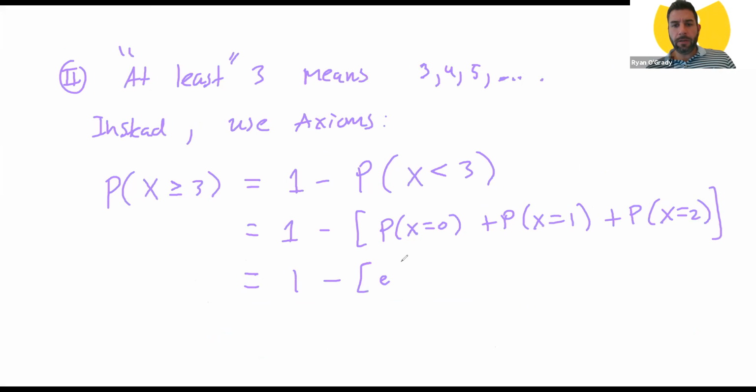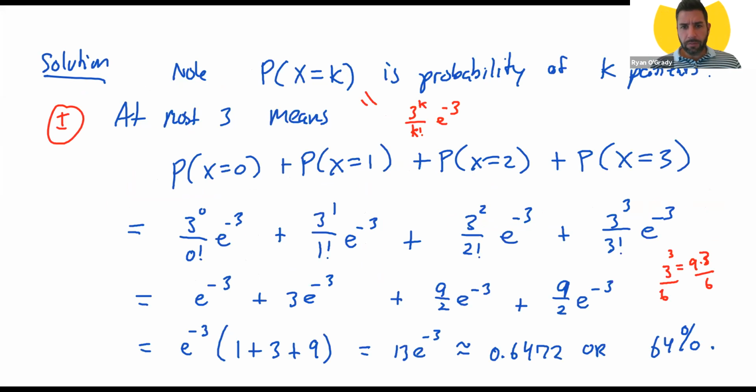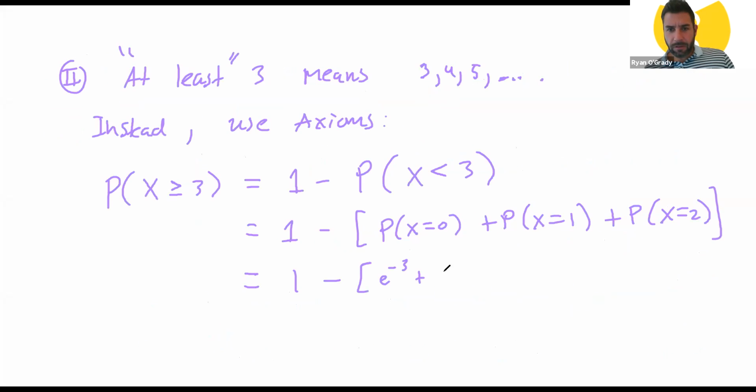So this would be e to the negative 3 plus 3e to the negative 3 plus 9/2 e to the negative 3. And to save time, what I would do is just go to a calculator and compute this.